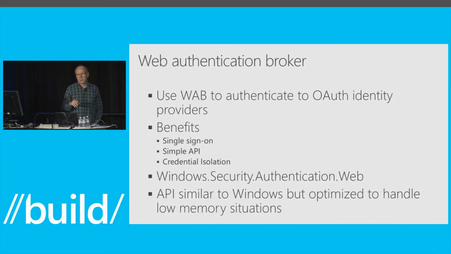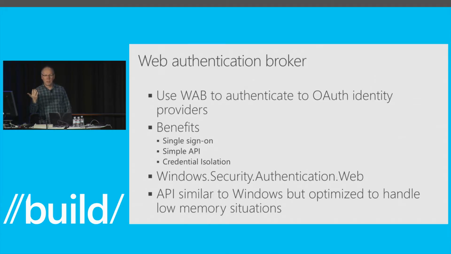I hate that term personally, but that's what it's called. Since it's out of process and out of app container, you get the isolation. So the sign-in page, whatever the broker is showing, is going to be running in a security context that's different from the app.